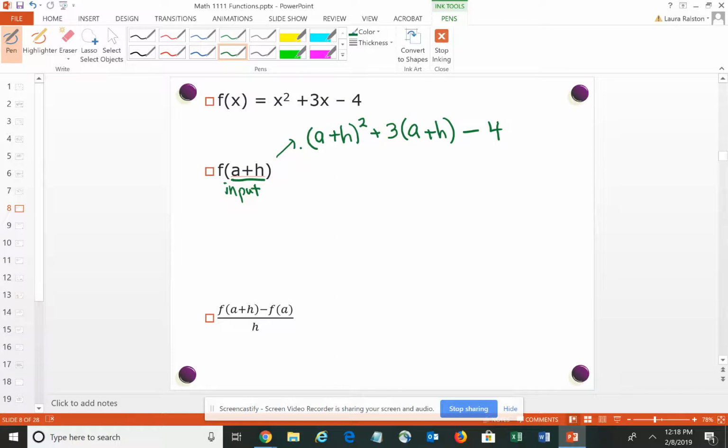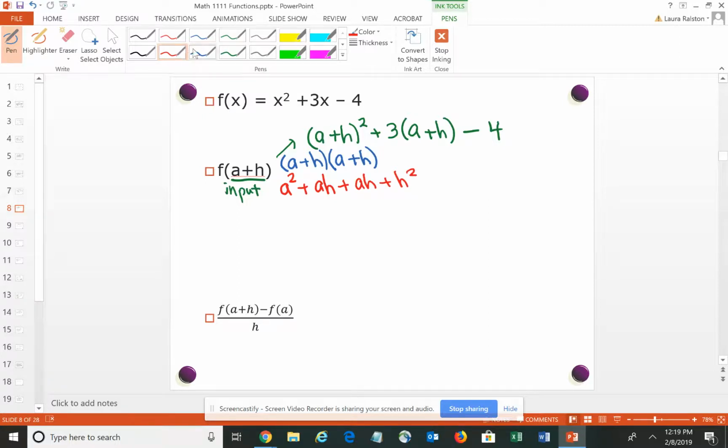Now remember to square A plus H. Be careful. Here's a mistake a lot of students make. This is literally A plus H times A plus H, and you want to FOIL that out. So if we FOIL that out, we have A squared plus AH plus AH plus H squared.